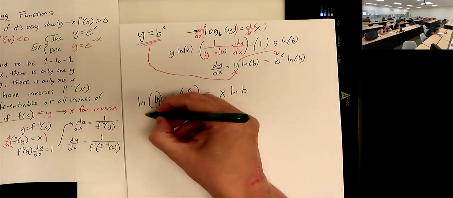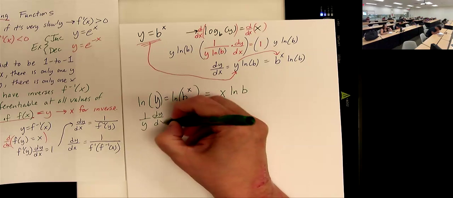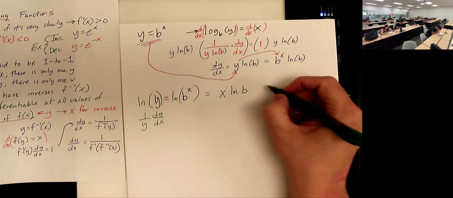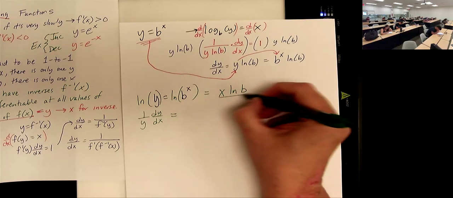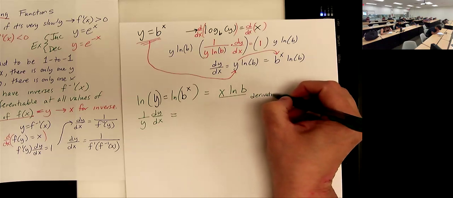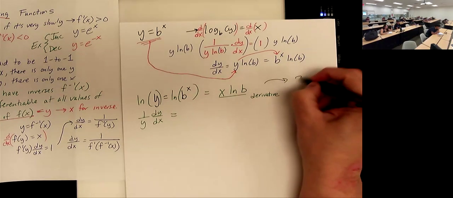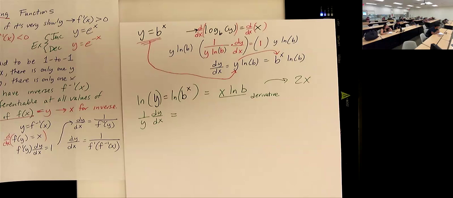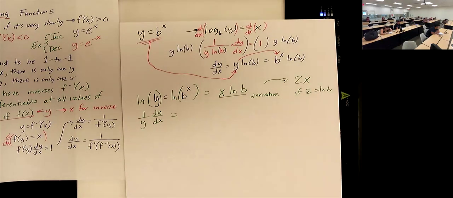Take the derivative, we have 1 over y dy dx. And the derivative of that: the natural log of b is just a constant. This is kind of like 2x, if 2 were the natural log of b. Just a constant.